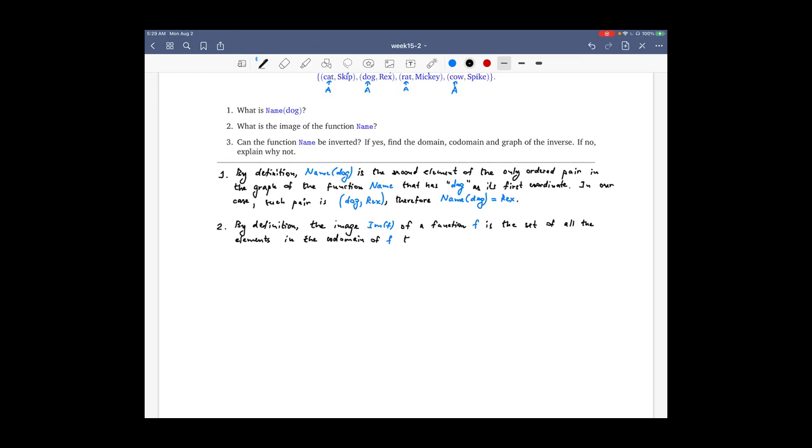In other words, that have the form f of x for some x.